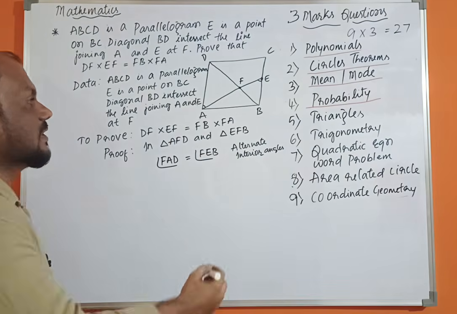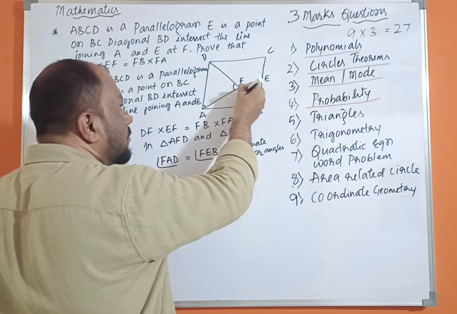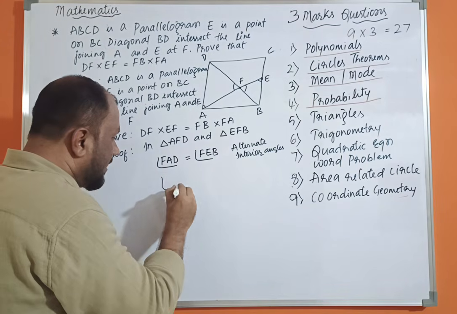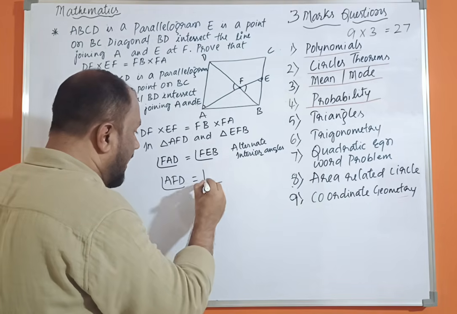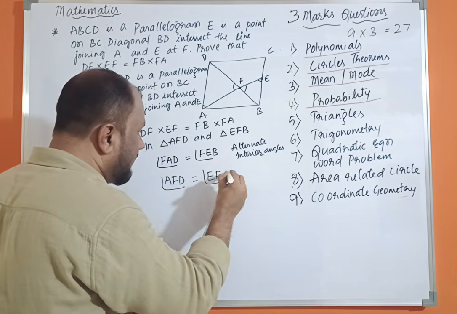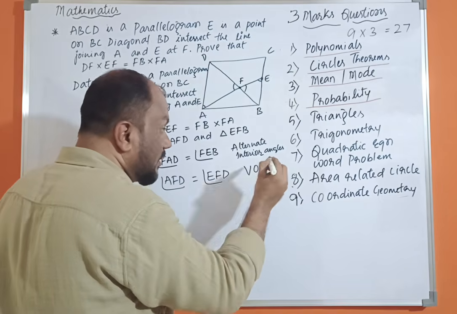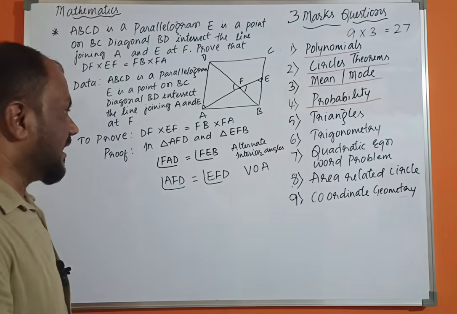Then angle AFD is equal to angle EFB. The reason is vertically opposite angles.